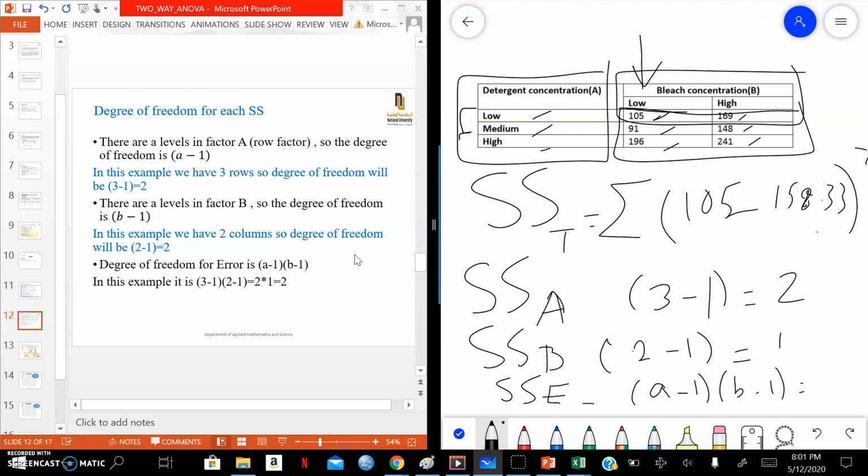So you just need to multiply 2 with 1, you get the SS error degree of freedom as 2. SS total, you need to add SSA, SSB, SSE to get the degree of freedom for SS total.